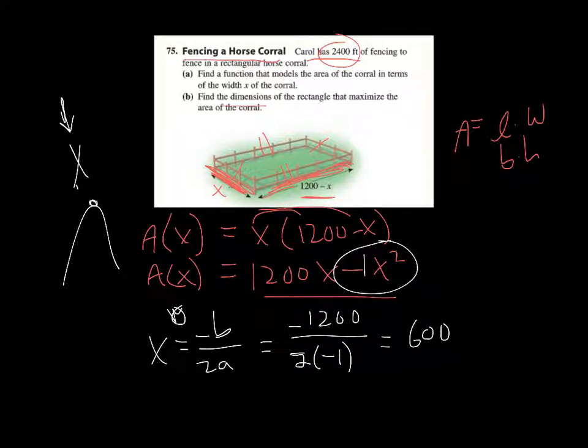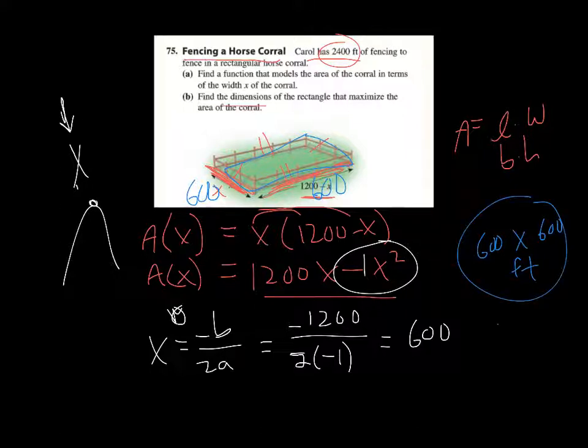So if you put 600 feet right here, 1,200 minus 600 is going to be 600. Go figure, if you want to maximize this area, it's a square. Kind of makes sense. So the dimensions are 600 by 600 feet.